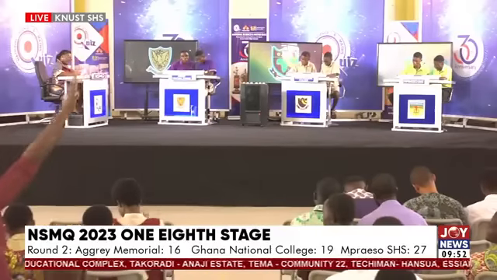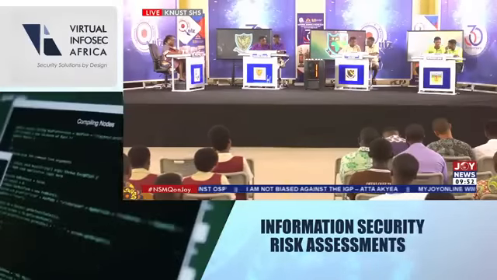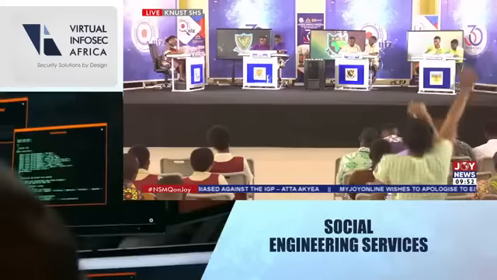Ghana National. The head. That is correct. What name is given to species very near to extinction if conservation measures are not promptly taken? Yes, Mpraeso. Endangered species. Endangered species they are.